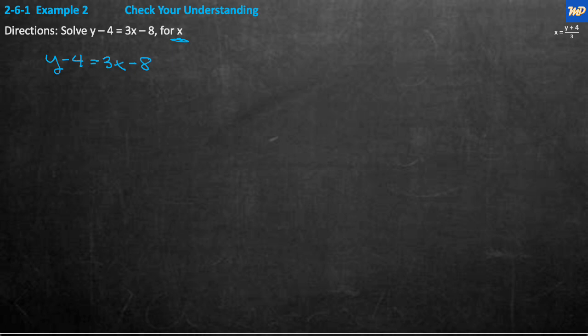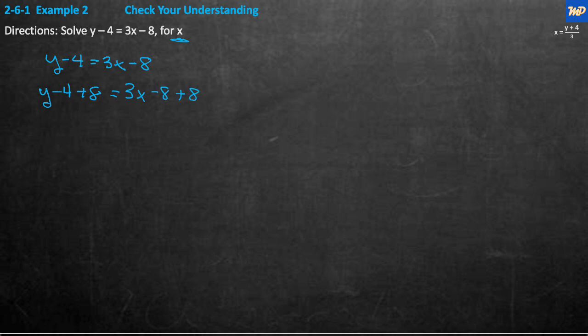So now we're going to get the x by itself. In order to do that, we have to add 8. We're going to move the 8 to the other side of the equation, okay? So to move the 8, we're going to say y minus 4, we have to add 8 to both sides, plus 8 is equal to 3x minus 8 plus 8.